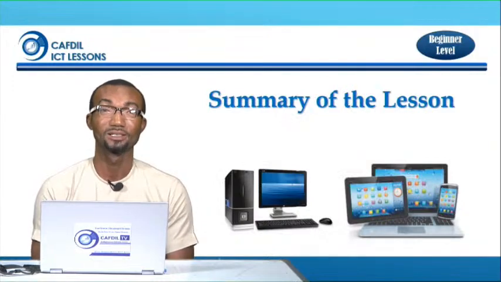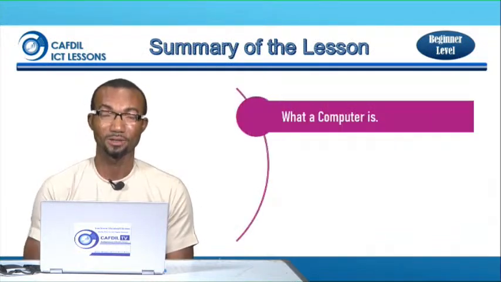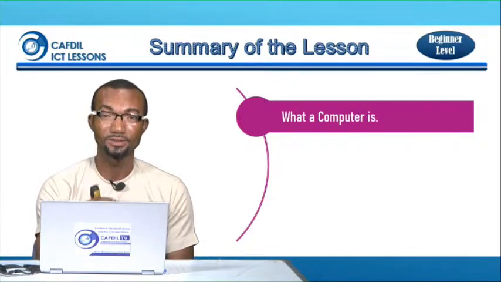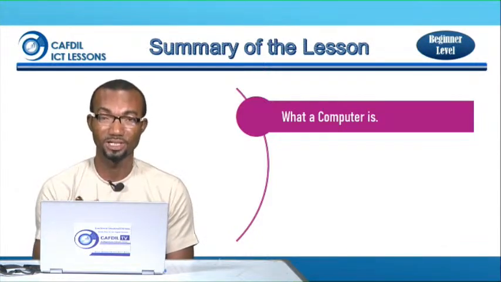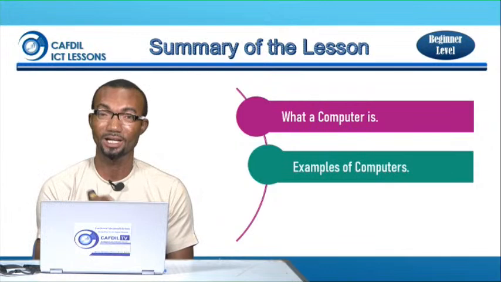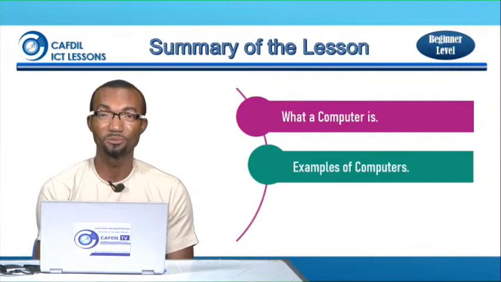Now let's look at, in a quick brief, the summary of our lesson. Viewers, we talked about what a computer is: an electronic device that accepts data, processes the data, gives us output, and stores the data for immediate or later use. We also looked at some examples of computers: the desktop, the laptop, the tablet, the phablet, the weighing scale, the thermometer, and the video game console.